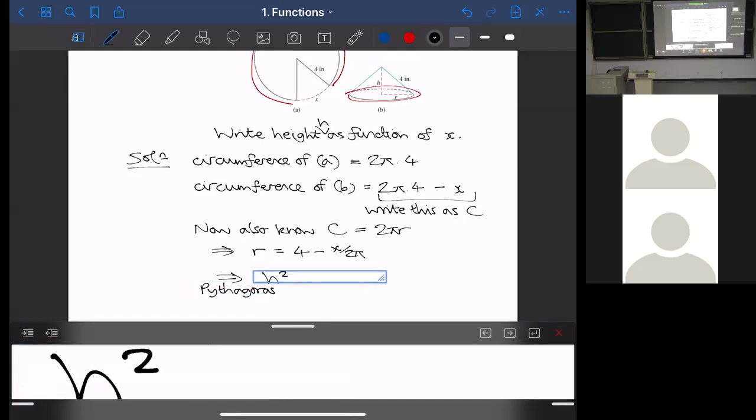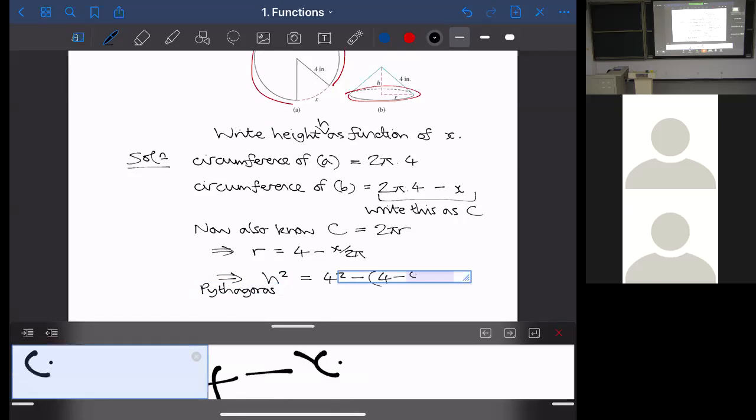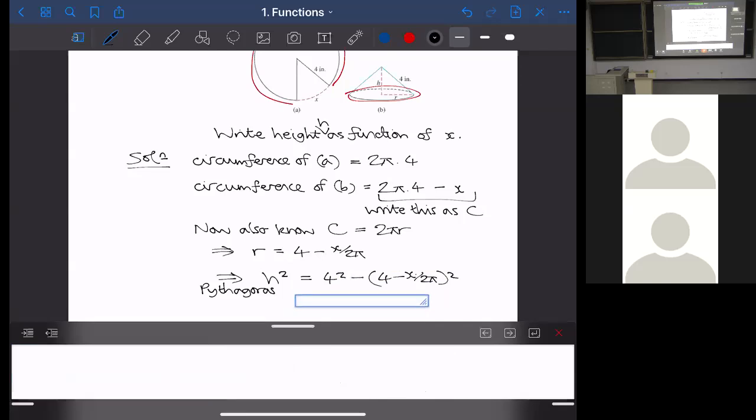Two of the sides, 4 and r. So the other side h is related like this. So let's simplify this a bit.